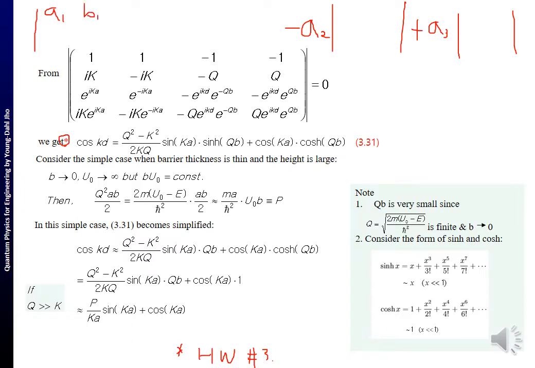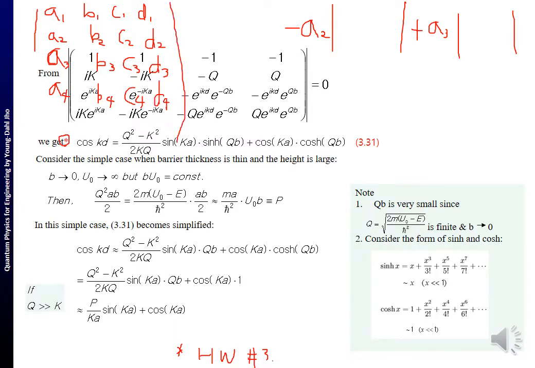So we have A1, B1, C1, D1, A2, B2, C2, D2, A3, B3, C3, D3, A4, B4, C4, D4. Then calculate the determinant.